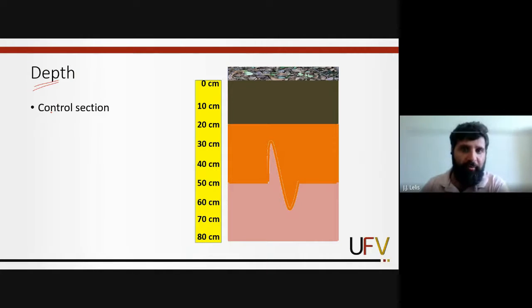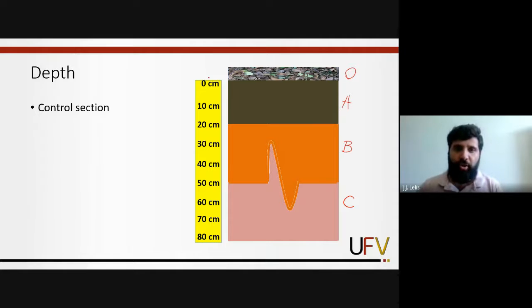So we have to describe when a horizon or a layer starts and when it ends. So in this picture, I have some horizons. Here I have an O horizon. Here I have an A horizon, a B, and a C horizon.